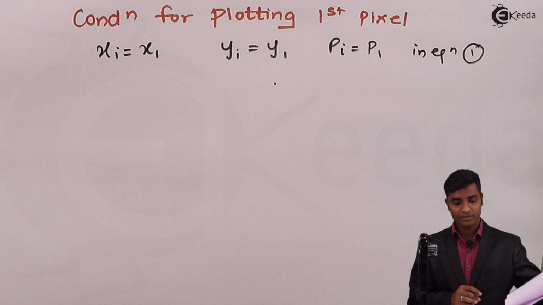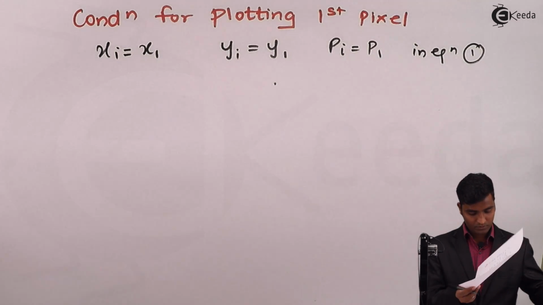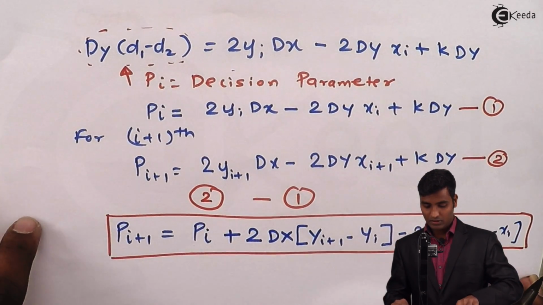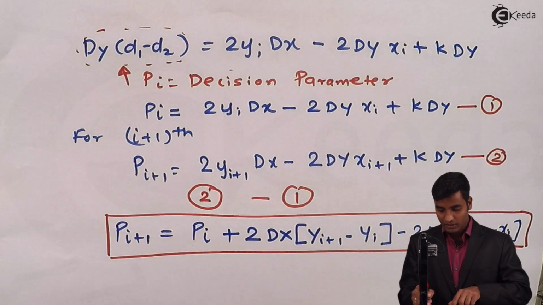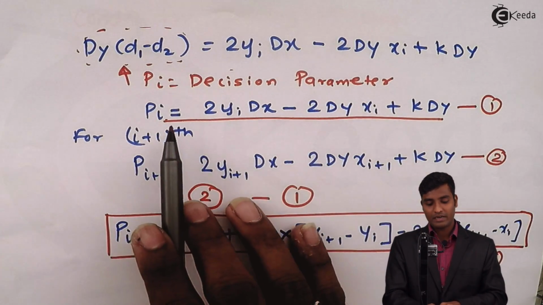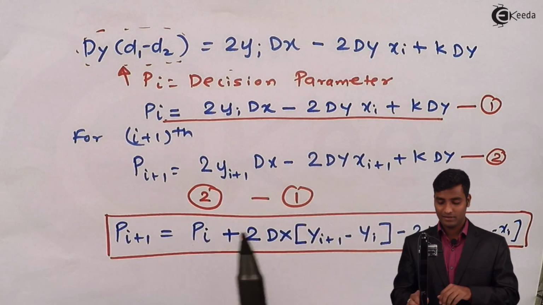So in our equation 1, I will replace pi as p1, yi as y1, xi as x1.